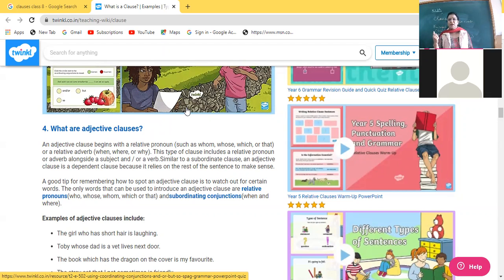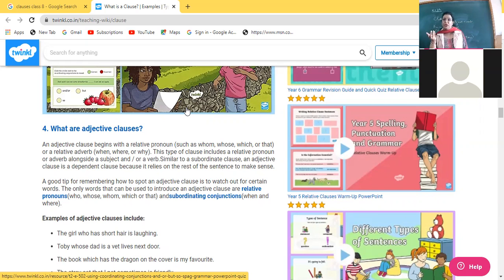Adjective, noun, and adverb also, isn't it? Now, what is an adjective clause? Adjective clause begins with a relative pronoun. Which are the relative pronouns? Whom, whose, which, that. Yes, or a relative adverb also. When, where, or why. And of course, here in our book, there is a little hint also.